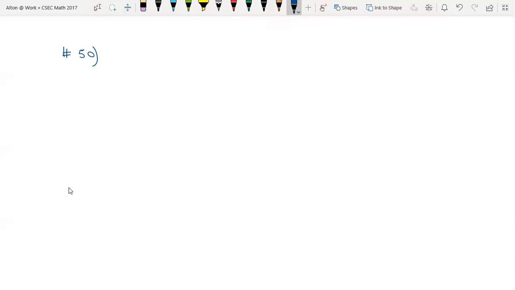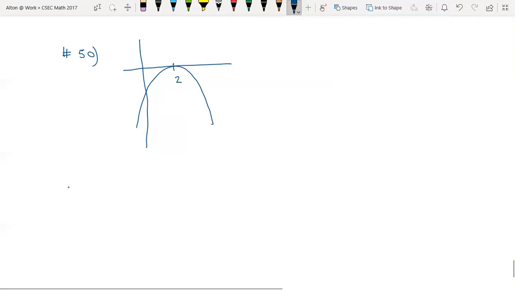Right, 50 has another graph, and this graph is in the form of a parabola, and this parabola touches the x-axis like that at 2. No, that's not the x-axis, sorry. Let's redo this graph, take out the x-axis there.